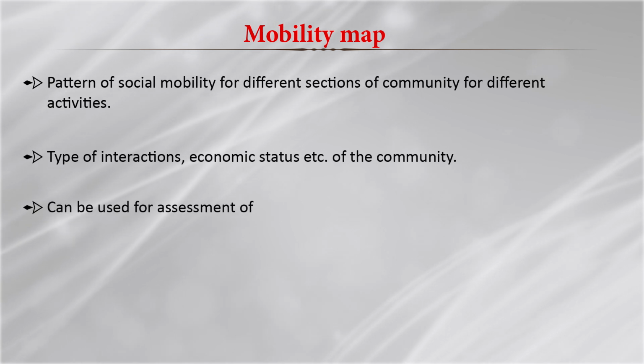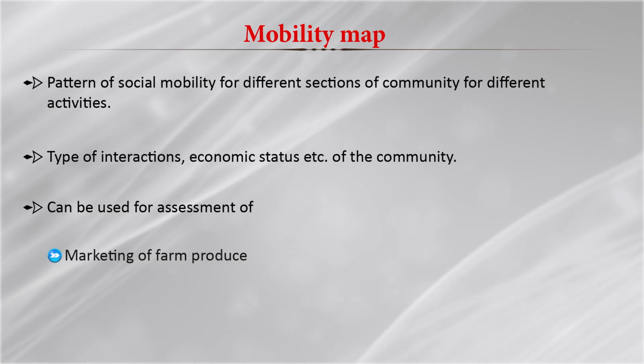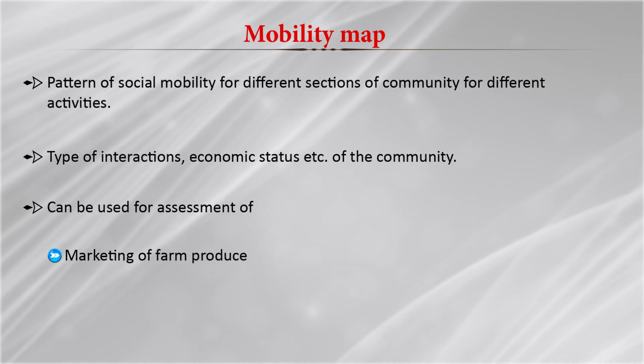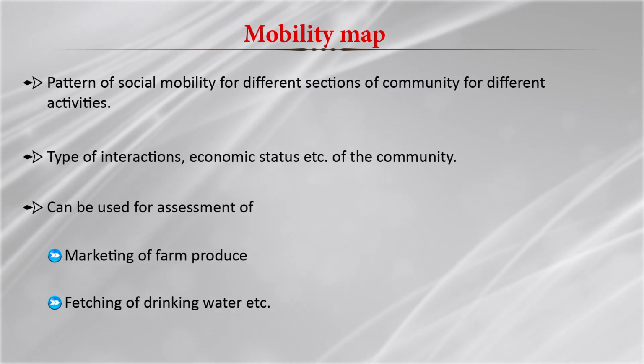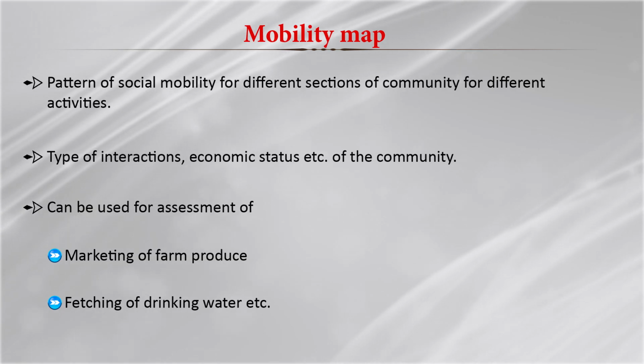This mobility map can also be used to get information on the marketing of farm produce, or on problems like how they fetch drinking water. So socioeconomic information is depicted using the mobility map.